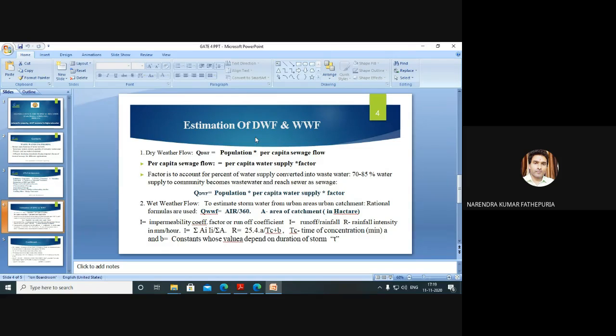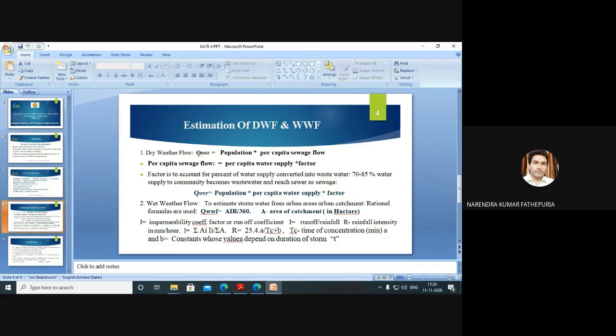Sewage water is generated on an everyday basis throughout the year. And sometimes in the rainfall season, if rainfall occurs, then surface runoff, storm water, should also be included in that. And we have various types of systems for the sewer network, which we'll talk about in the sewer systems.